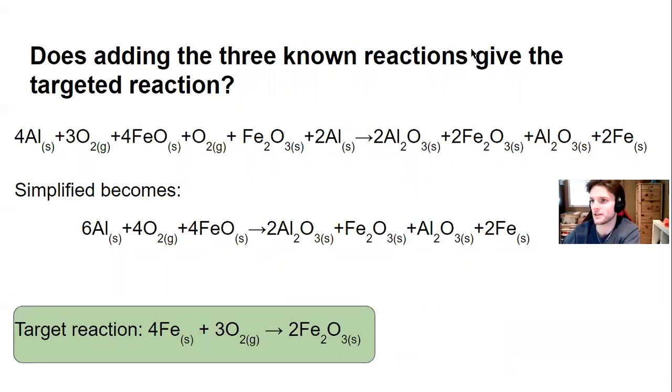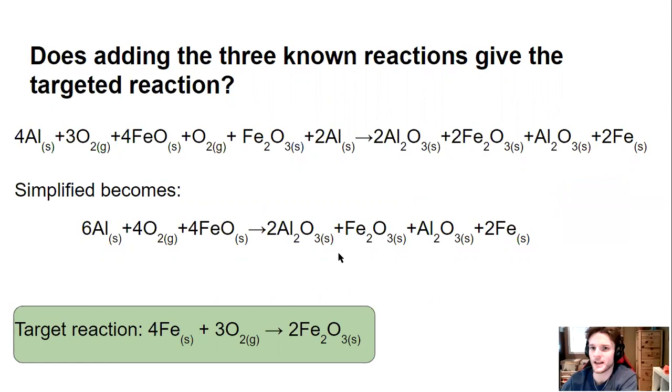So our first step here, does adding the 3 known reactions give the targeted reaction? Wow, that's big. So a lot of things in this reaction. When we add up the 3 known reactions, and if we simplify it all down, we got 2 aluminums here and 4 here, so that makes 6 together.